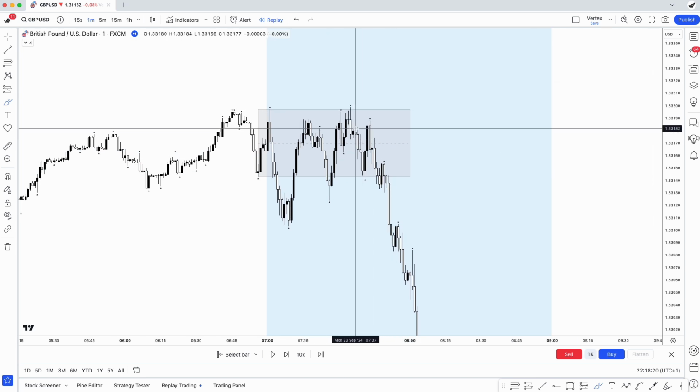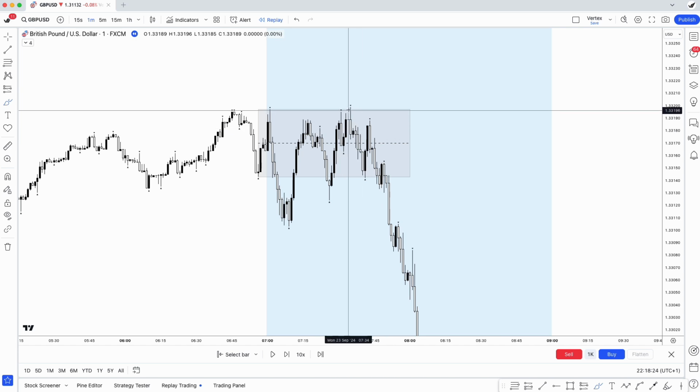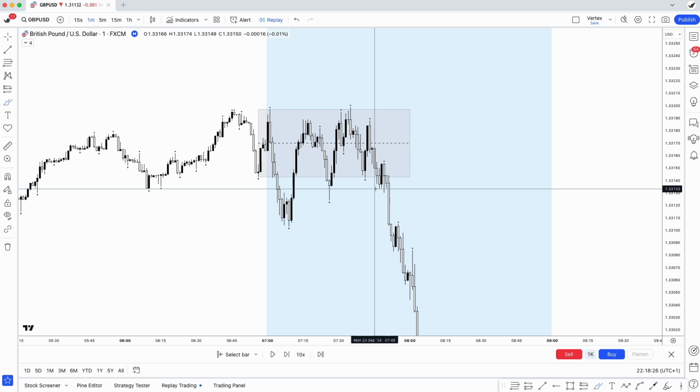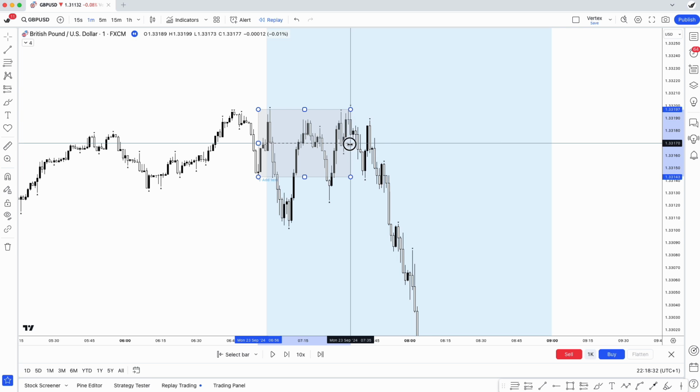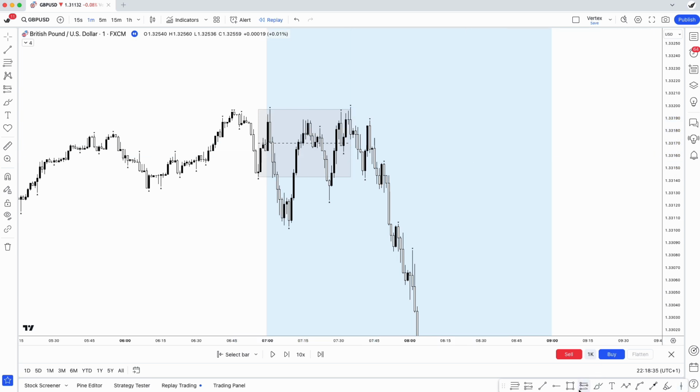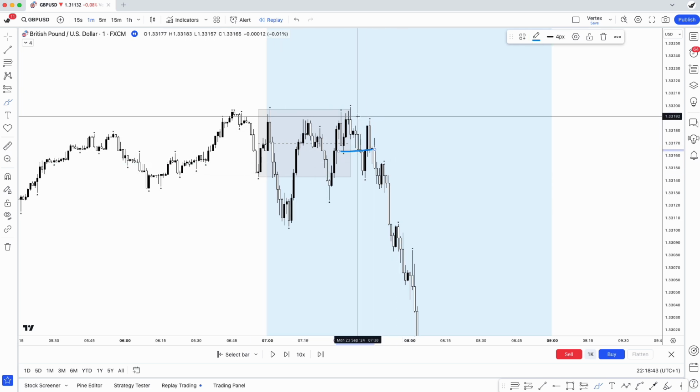You just have to wait for the break of structure to confirm which way price is going to go. Because a high was taken here, then a low was taken, that is still telling us price is bearish, without adding too much confusion. So let's just move it to here so it's clear. Okay, so to go over: we have a mitigation of this range, and then we have a break of structure here.